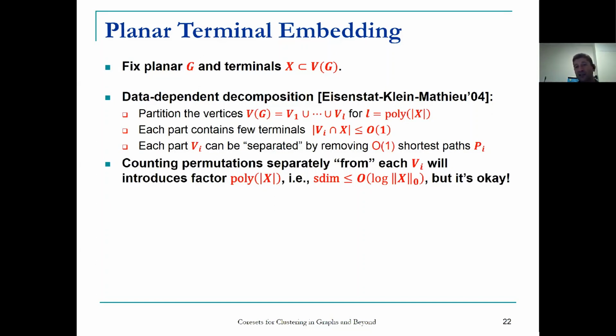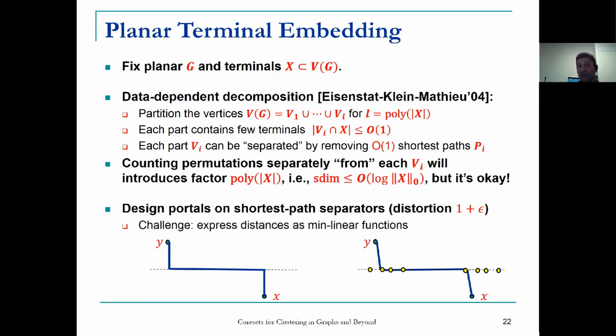So that means the shattering dimension is log in that, because this t ends up in the exponent when you do the counting, so it's log, something like this. So basically, we get a dimension of order log of the L0 norm of x. Okay, so we get something that depends on this, which is not ideal. We hopefully can get rid of it, but we don't know how to do it. But this log of the number of distinct points comes from the decomposition that we apply in the first step.